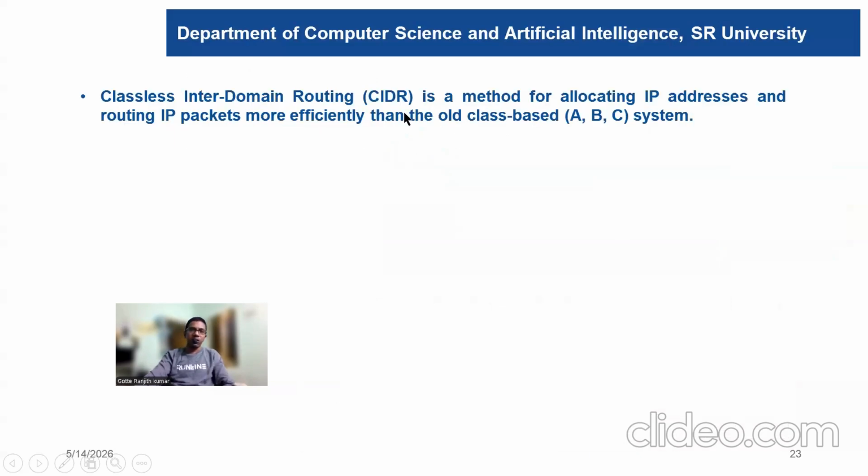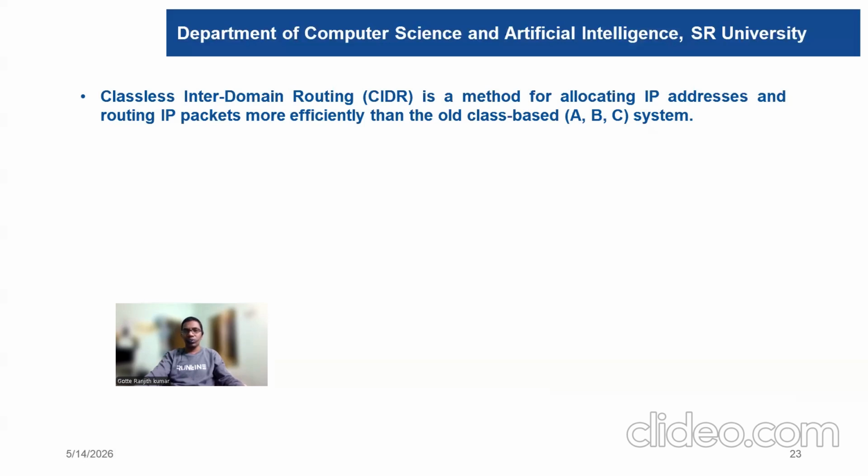Coming to classless interdomain routing, this is a method of allocating IP addresses and routing IP packets efficiently compared to the old one. The old one means the classful addresses I told you about, which have some issues.